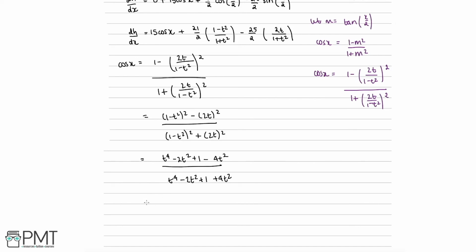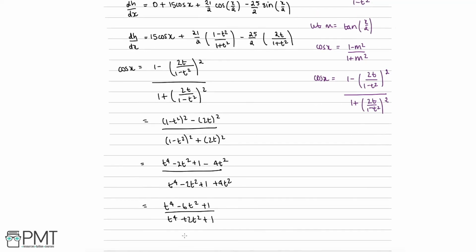And you can simplify this once more to give you t to the power 4 minus 6t squared plus 1 all over t to the power 4 plus 2t squared plus 1. So now that we have cos of x equal to this, we can then find out our value of dh by dx in terms of t.